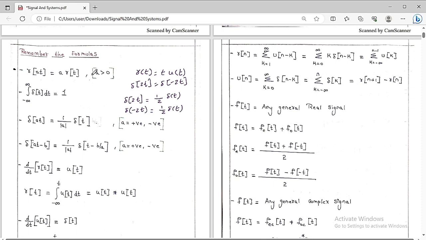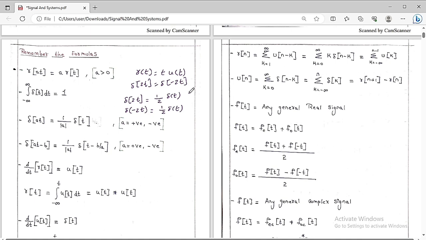Finally I can say delta of AT is equal to 1 by mod A times delta of t, where A can be either positive or negative. As I already told you, delta of t is symmetric with respect to the axis, and because of this reason they become equal. So delta of 2t is 1 by 2 delta of t, and delta of minus 2t is also 1 by 2 delta of t. As both RHS are equal, this is also equal.